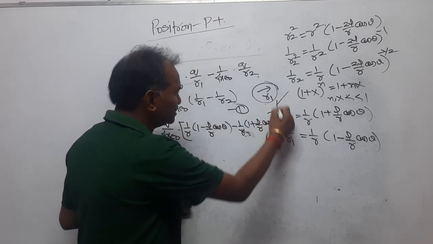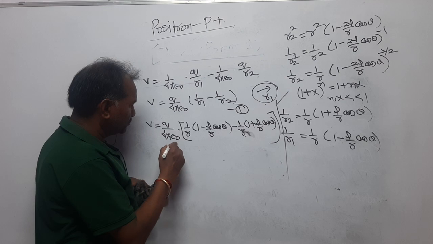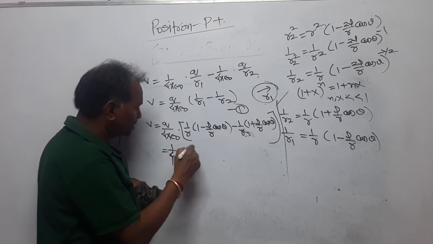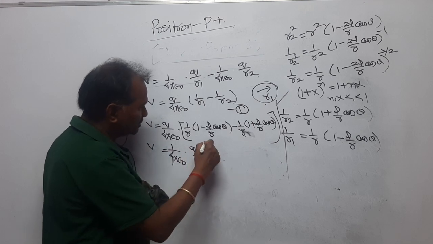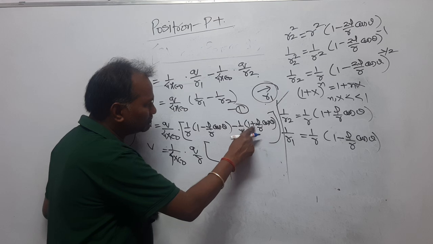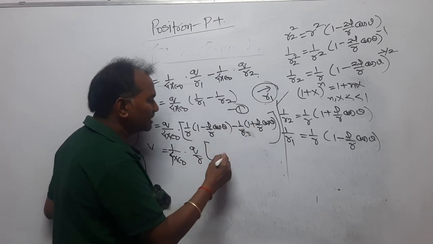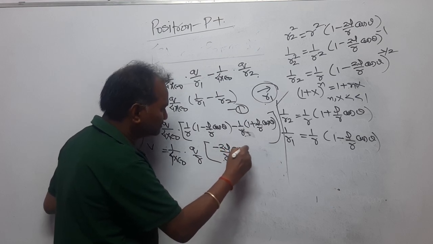Now dear students, look here. Taking out 1 upon 4 pi epsilon naught Q by R, V is equal to 1 minus L upon R cos theta minus 1 minus L upon R cos theta. 1 minus 1 will be cancelled, so here it is minus 2L upon R cos theta.